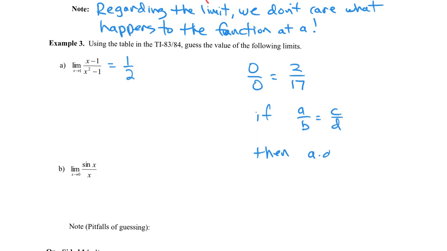A times D equals B times C. And a lot of times you'll use this, and you can think of plenty of examples. 2/5 is equal to 4/10. And if you take the cross products, they're equal. 2 times 10 is 20. 5 times 4 is 20. But although this is true, my argument is not true because I failed the first part.